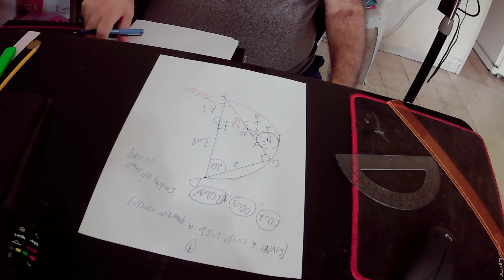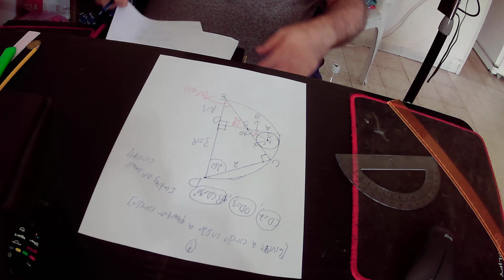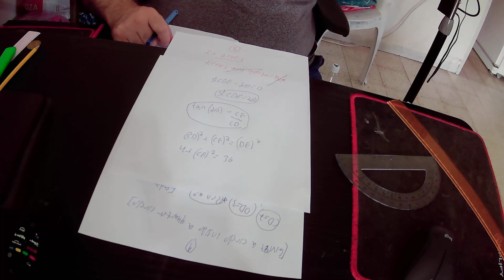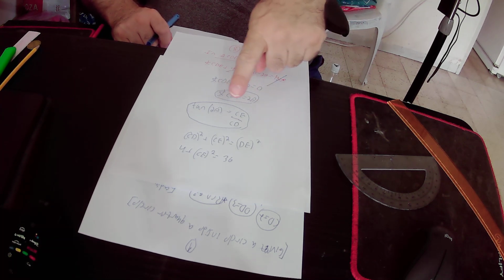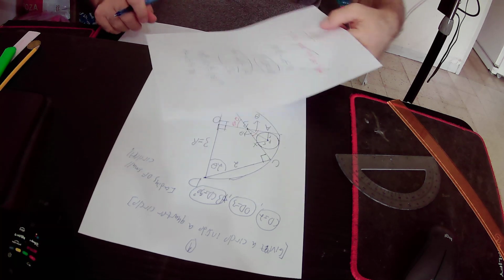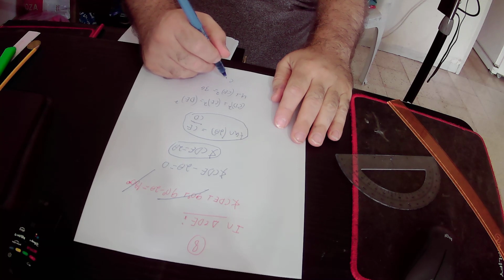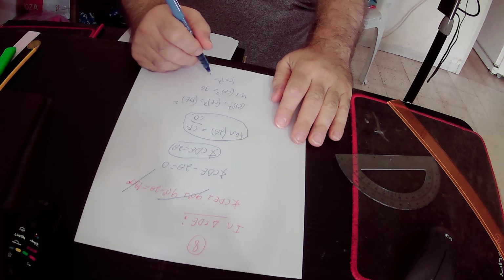So we found out that 4 plus CE square equals 36. Here we will subtract 4 from this equality, and we will get that CE square equals 36 minus 4, which is 32.